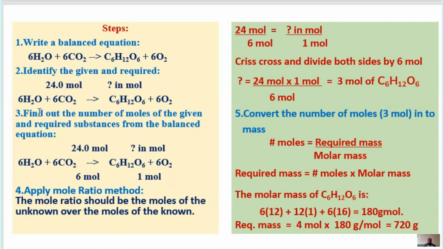You have 24 mole of carbon dioxide used to produce X mole of what? Glucose. The third step is to find the number of moles of the given and required substances from the balanced equation. The number of moles of carbon dioxide is its coefficient 6. The number of moles of glucose is its coefficient 1.